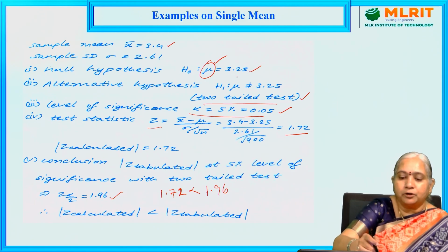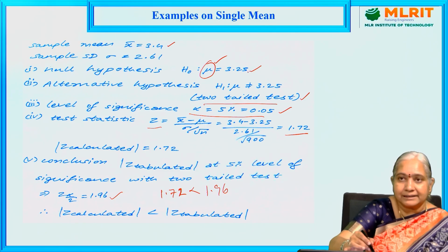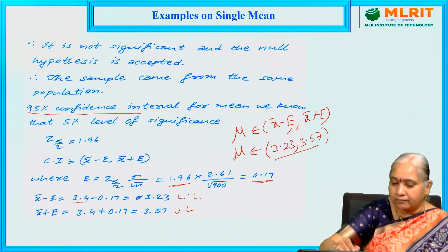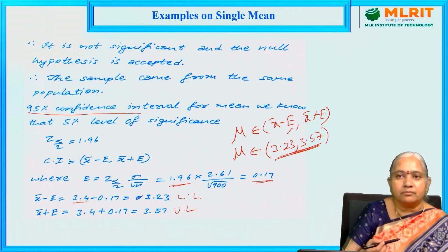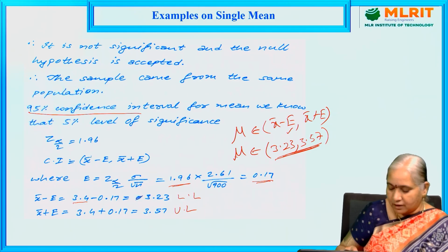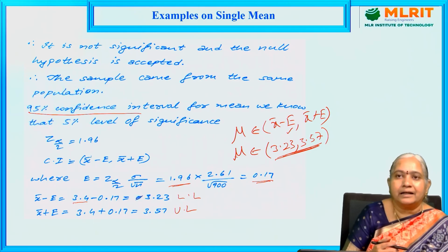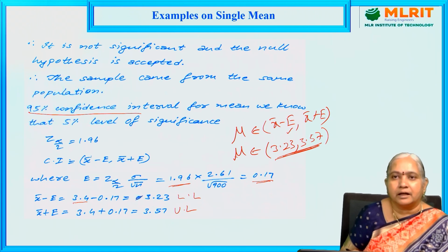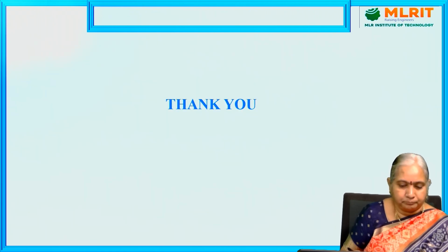So 3.25 is our estimation, and that value lies in this interval. So that's why we have accepted the null hypothesis H naught equal to 3.25. Similarly, we can find the 98% confidence interval also. That means 2% error. Thank you.